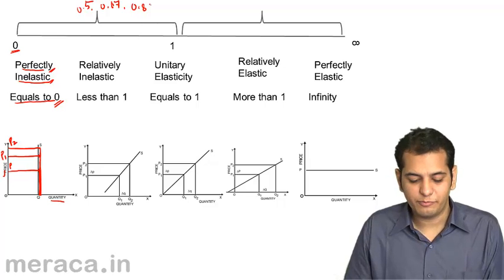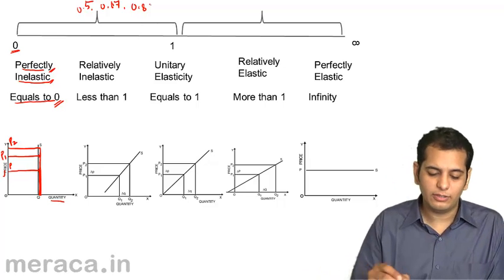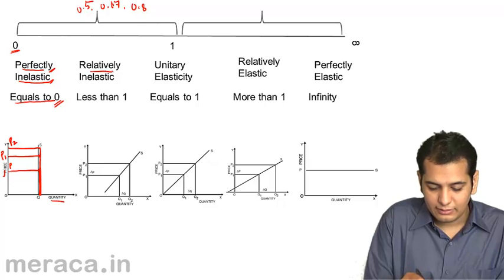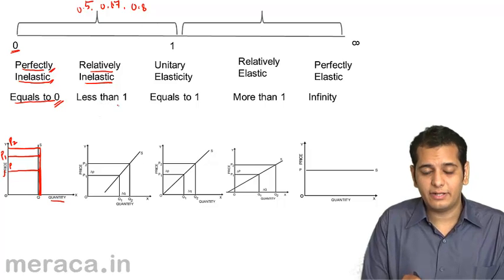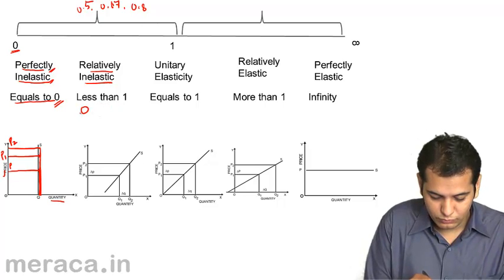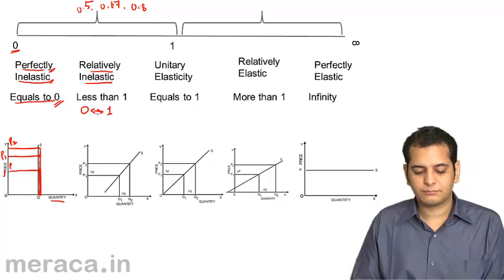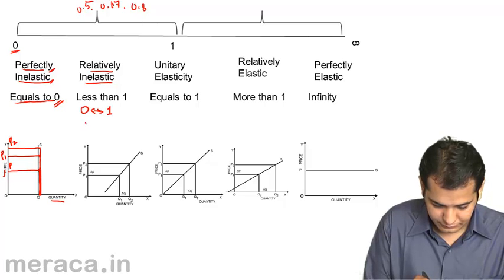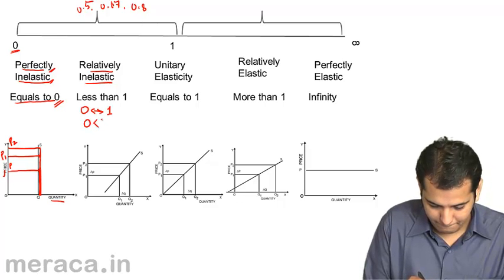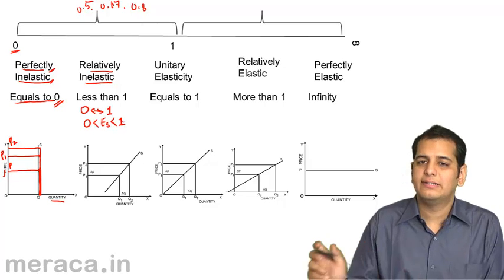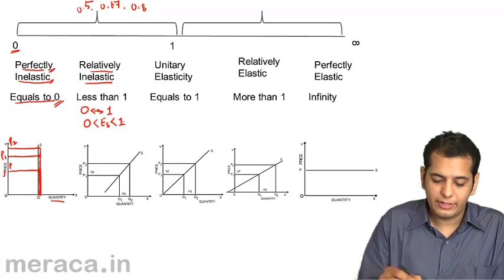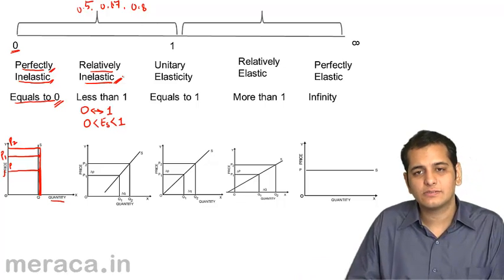When the answer ranges between 0 and 1, we call it relatively inelastic supply, or we can say that elasticity is more than 0 but less than 1. In this case, we call it a relatively inelastic curve.